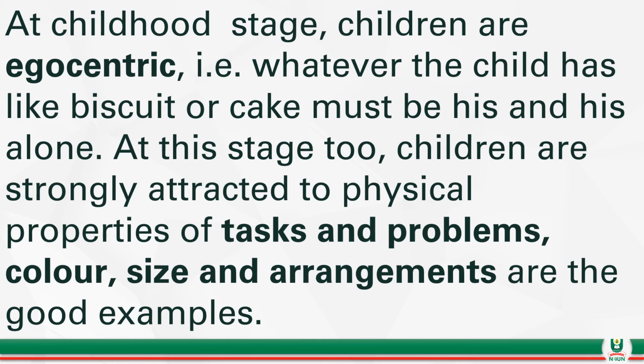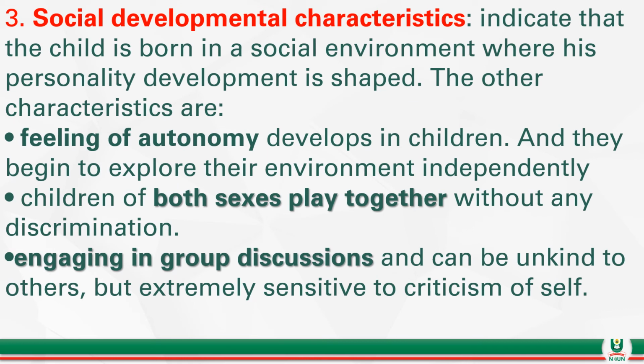Another one is social development characteristics, which shows that the child is born into a social environment. We are social animals, we interact with one another, and when a child is given birth to, as the child is growing, he finds himself in the family, he finds himself in an environment where everybody interacts with one another, and nobody is an island. So other characteristics under social development include feeling of autonomy.